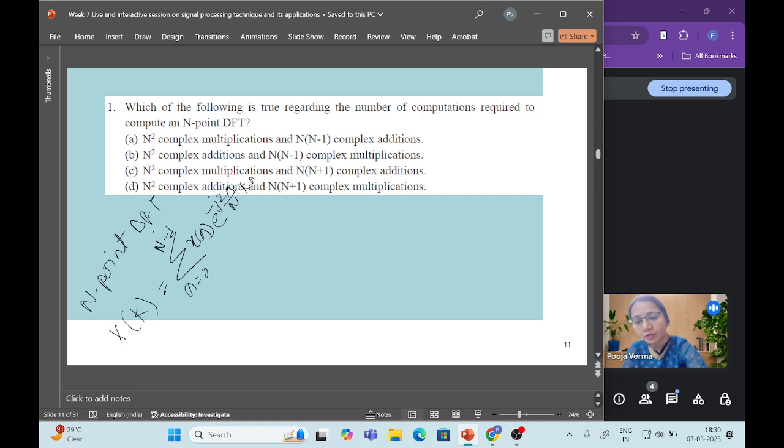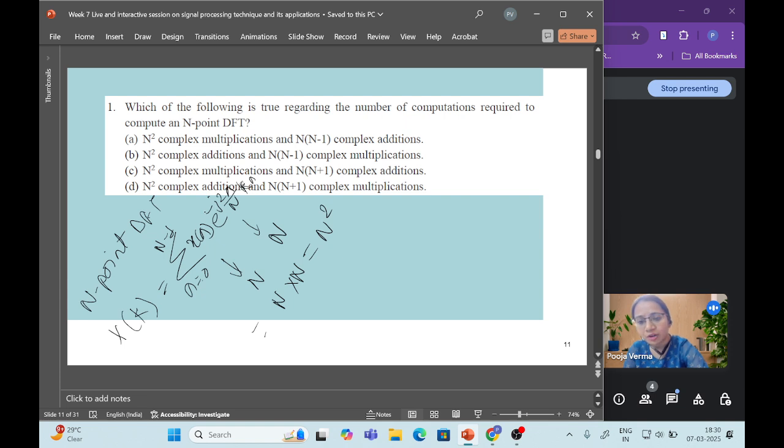Here we take the first term, then multiply it by this factor, and this is also till N number of factors. So total N multiplications are here, and the total number of multiplications required is N cross N, that is N square complex multiplications.